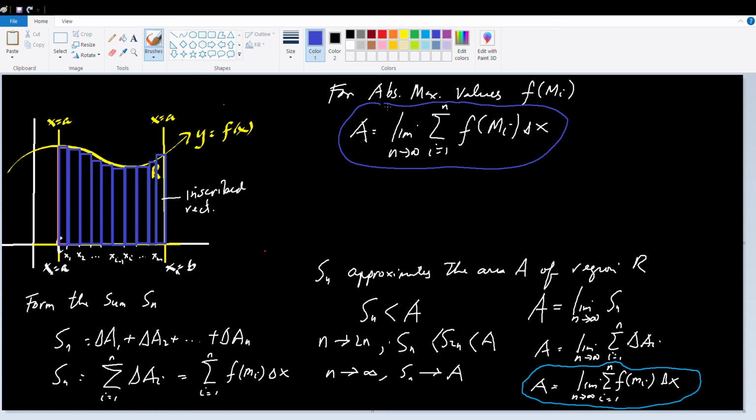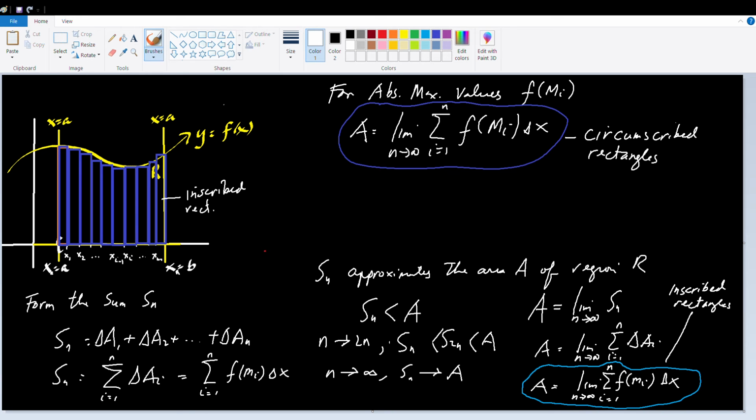So here we are using circumscribed rectangles. If we are using the absolute minimum value, then we are using inscribed rectangles.